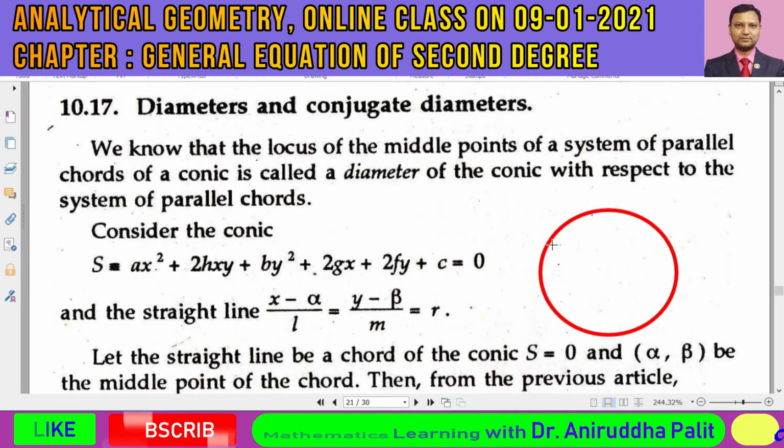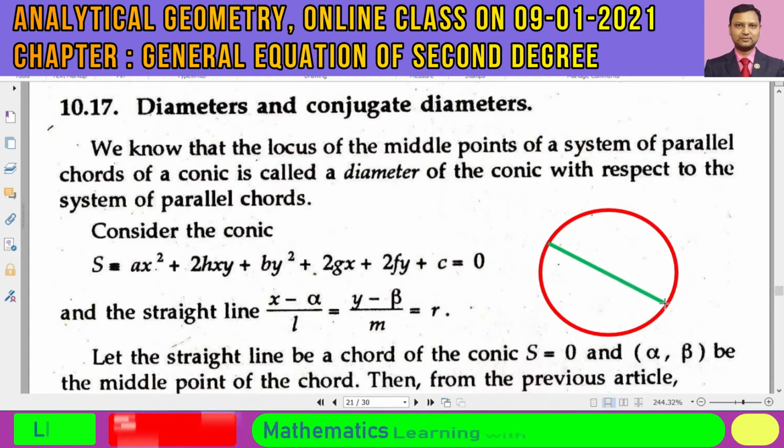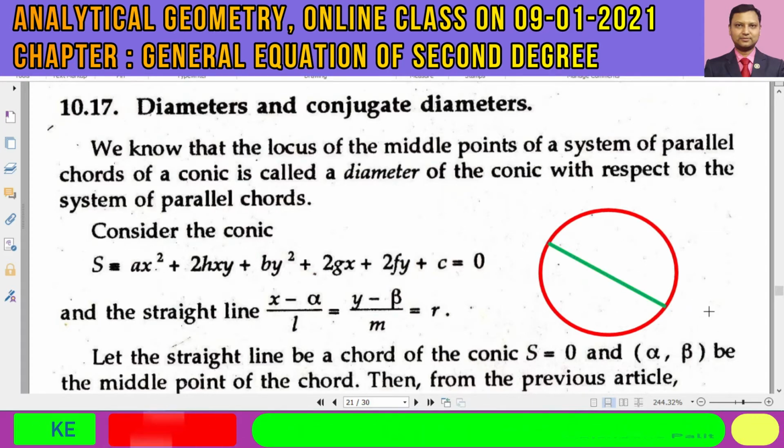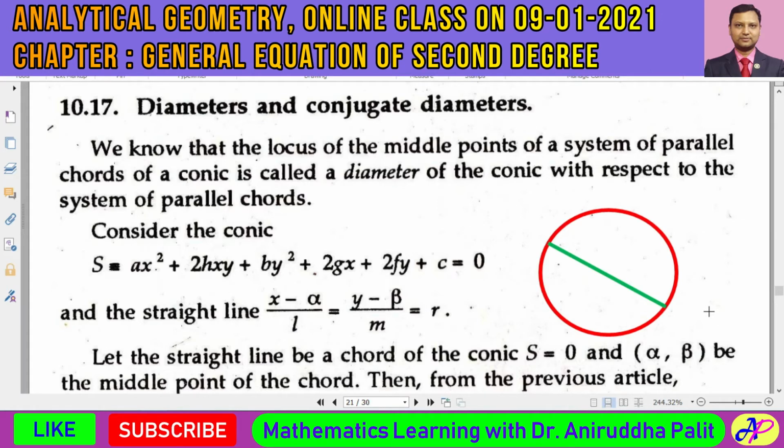Generally, what is a diameter? Diameter is the largest chord, or a chord passing through the center, like this. Now it has another property, and that is the main property for defining the diameter.